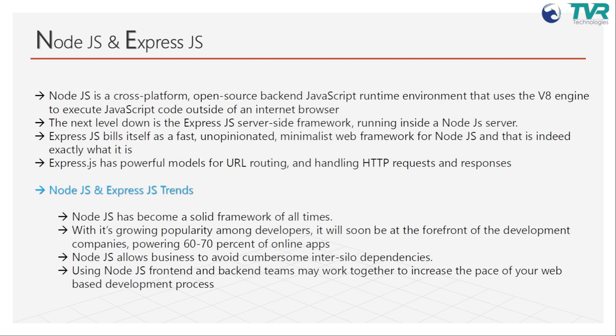Why? Because Node.js and React.js are just JavaScript frameworks, and you don't need to learn newer technology. That is the flexibility provided by these frameworks, Node.js, React.js and Express.js. Both the front end team and the back end team can work together efficiently and increase their performance.